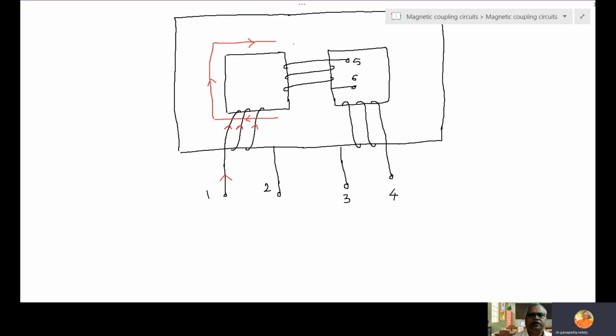And this flux will divide here. Some flux will flow like this, and the remaining flux will flow like this. Okay, so when we are sending red current, this is how flux is flowing.